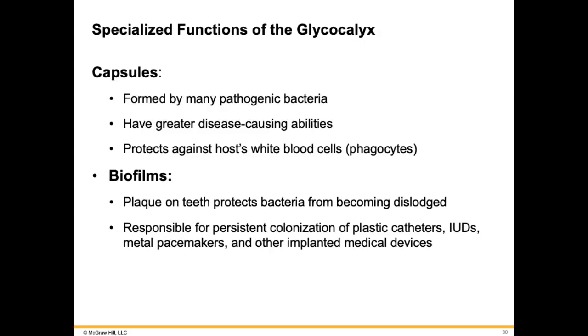And biofilms are basically armies of bacteria together, and they're much harder to get rid of. They're commonly found in the plaque on teeth, which protects bacteria from being dislodged. Biofilms are also responsible for persistent colonization of things like catheters, IUDs, pacemakers, and other implanted medical devices.